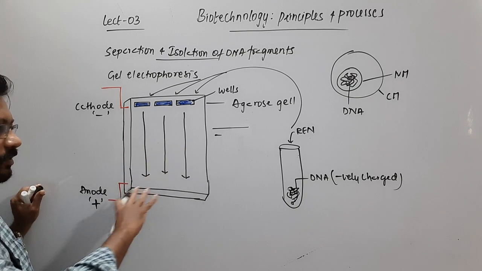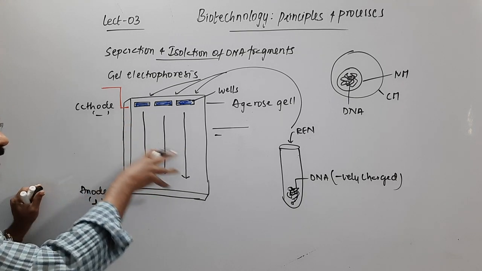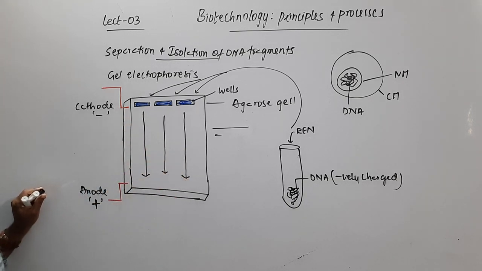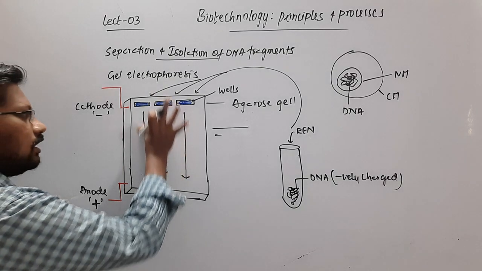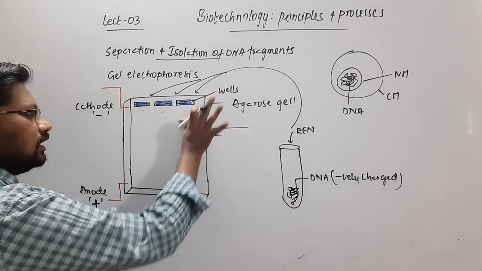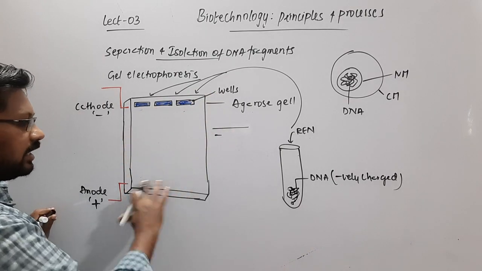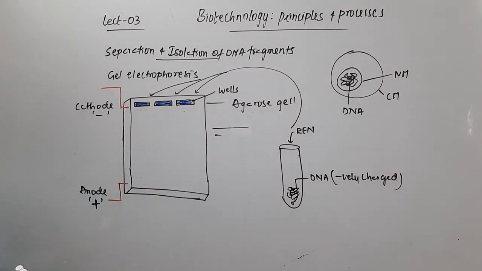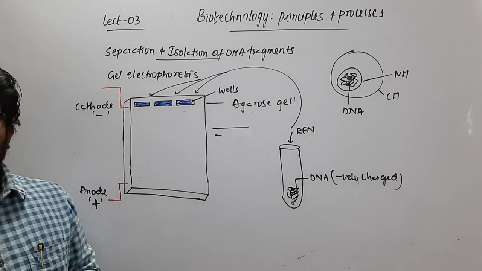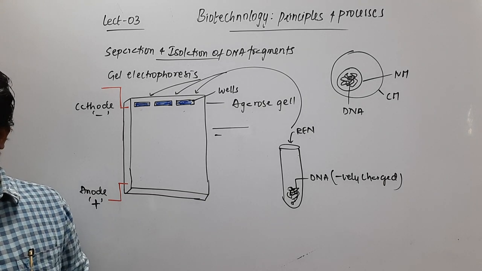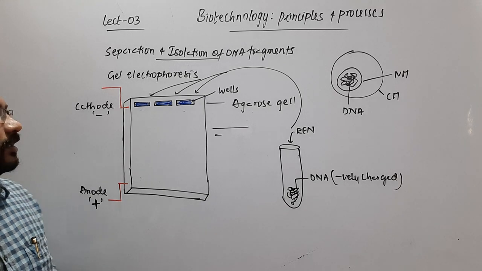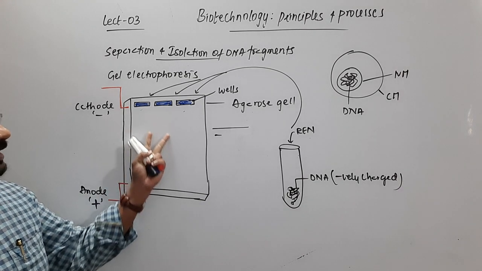We will not see, of course, anything, so that the fragments have been separated. It will not be visible to see how the DNA fragments have separated. Of course, we'll not see the DNA molecules with our naked eye. That is not possible. The point is that you will get some bands.